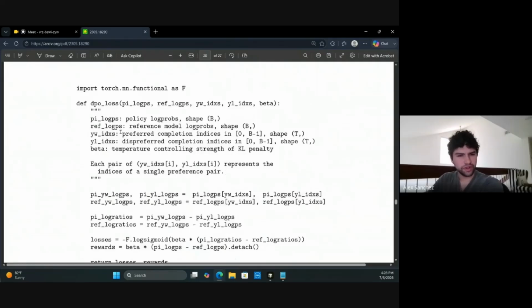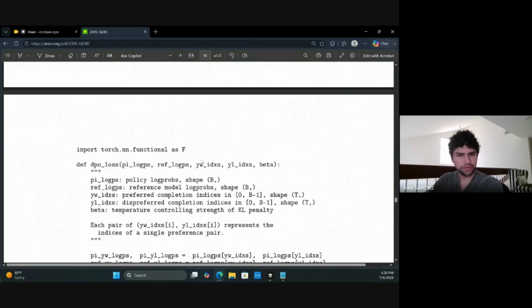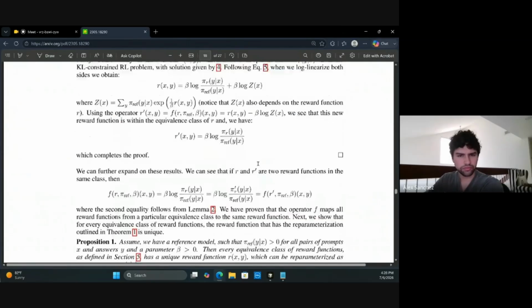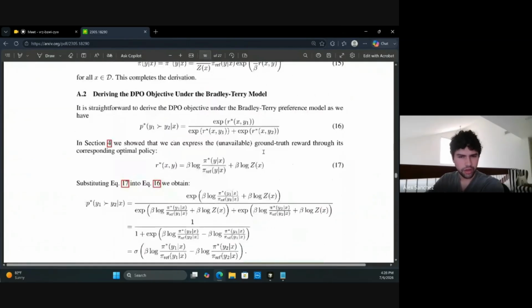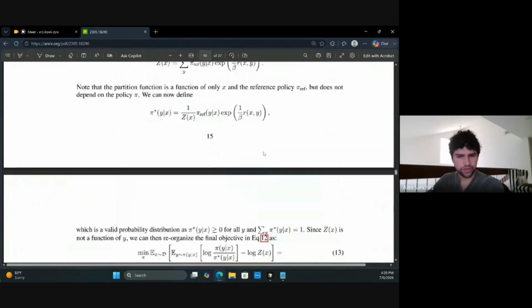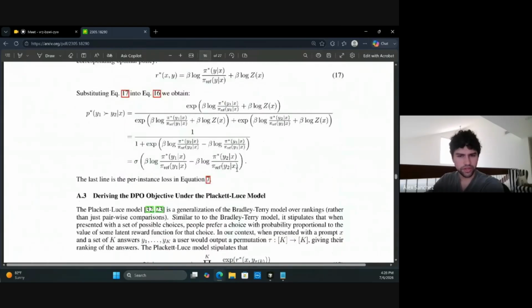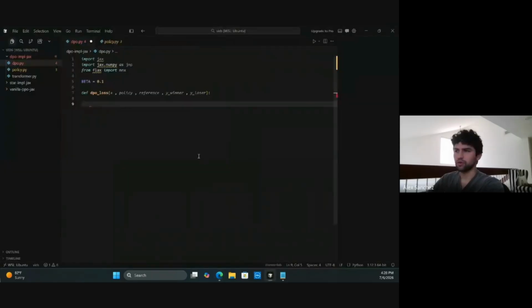Actually, this is a bit different from how I implemented it. I implemented it more like the actual math, I believe. So let's actually look at the loss. It's the policy divided by the reference for the winner, and then for the loser, same thing. So we're going to define the ratios.